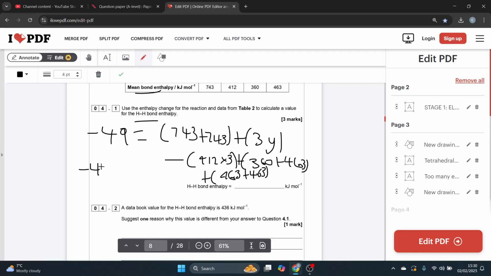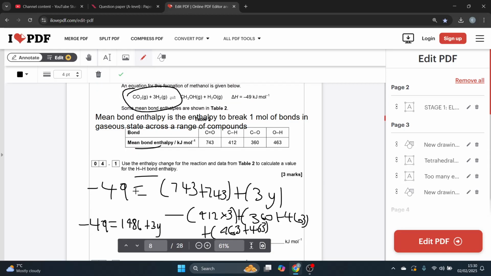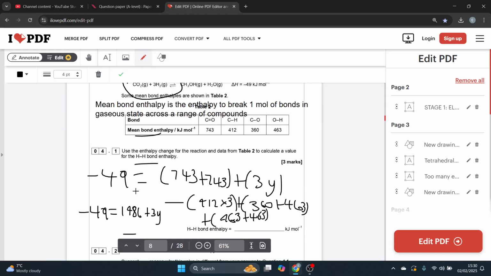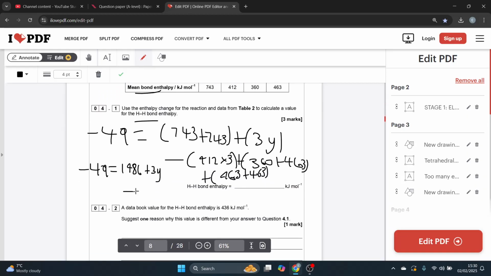So minus 49 equals 1486 plus 3y minus 412 times 3 plus 360 plus 463 plus 463 plus 463, which is 2985.